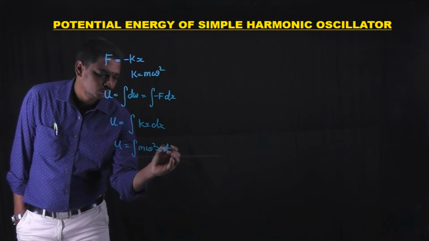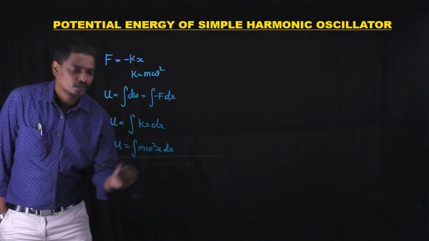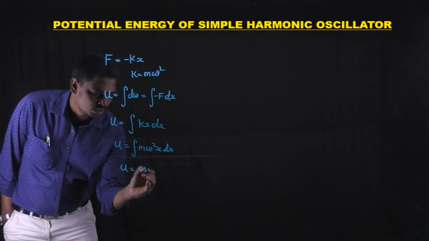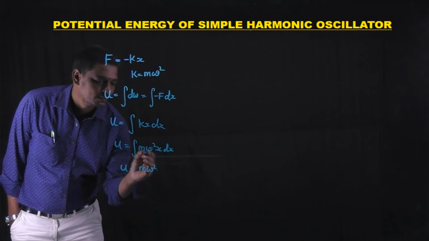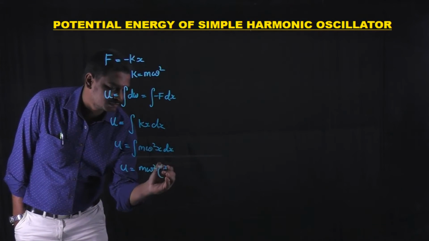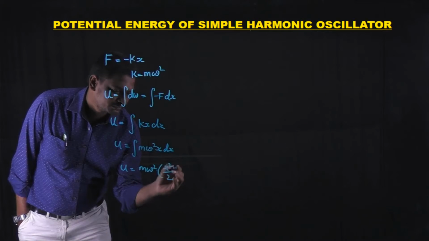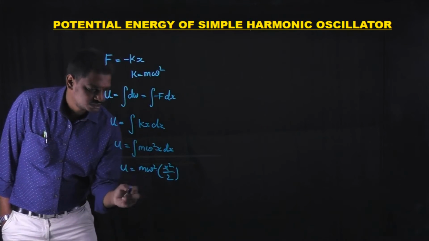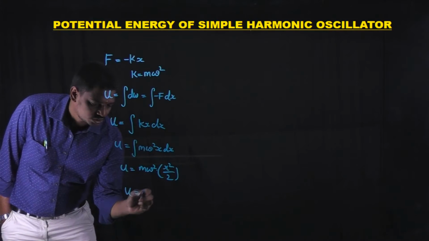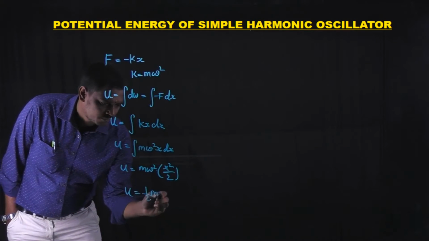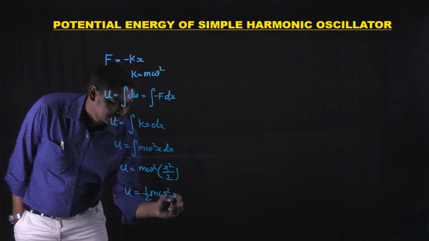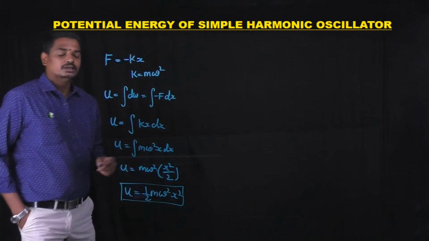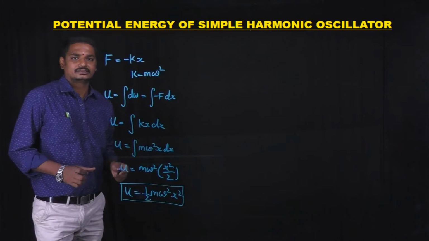As m omega square is constant, U is equal to m omega square into integral of x dx, which is x square by 2. So the potential energy U is equal to half m omega square x square, the expression for potential energy in terms of displacement x.